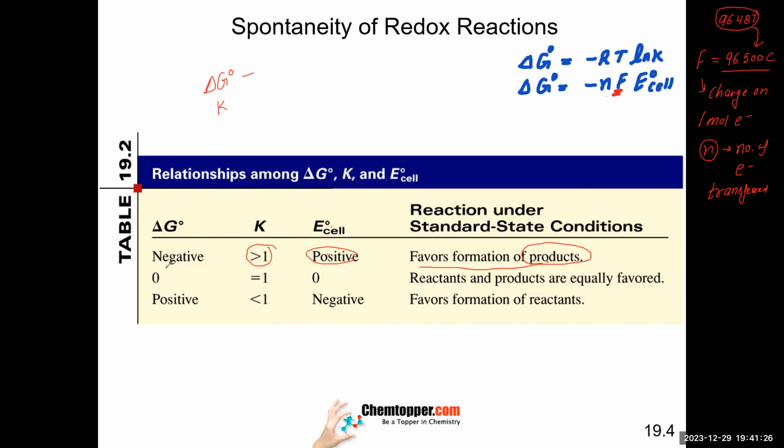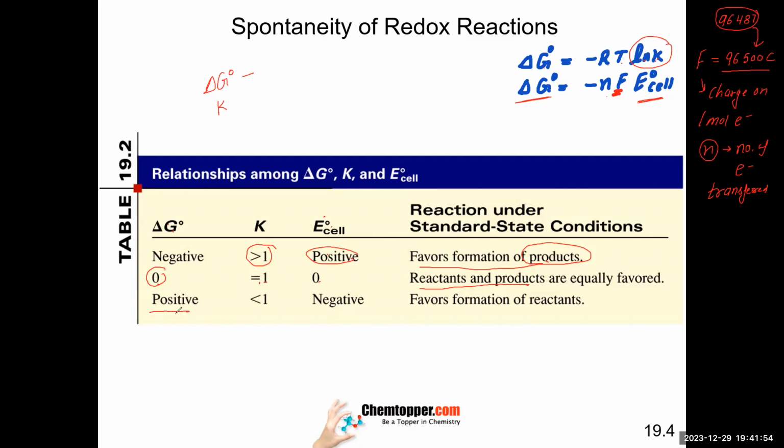If delta G naught is 0, then K is 1, ln K. If K is 1, ln K is 0. 0 times RT is 0. Delta G naught is 0 when K is 1. E naught cell is 0. Delta G naught 0, E naught cell is 0. Reactants and products are equally formed, equal in amount.